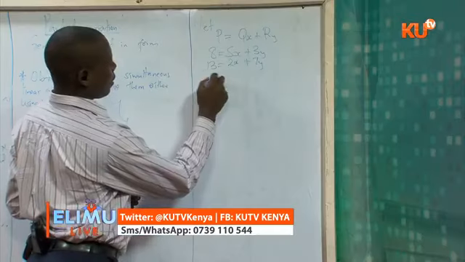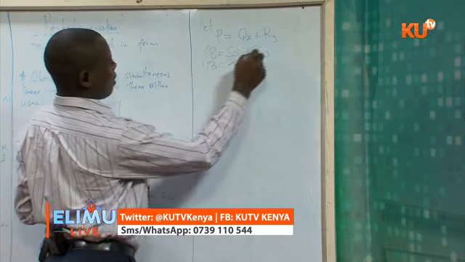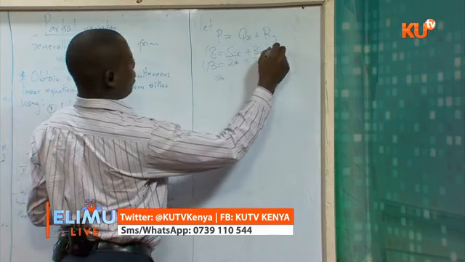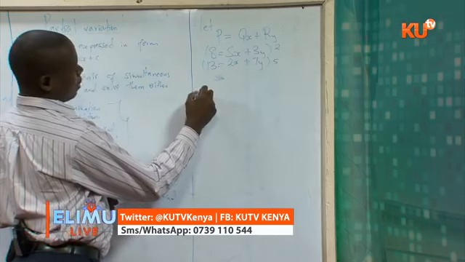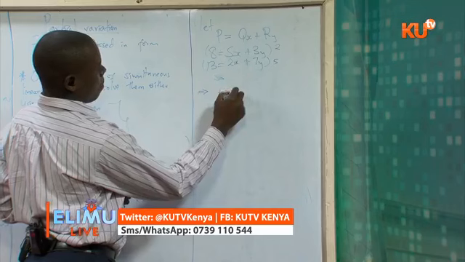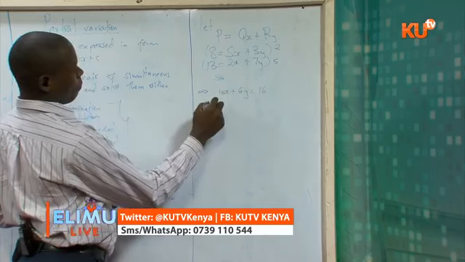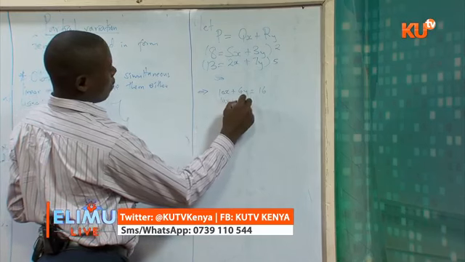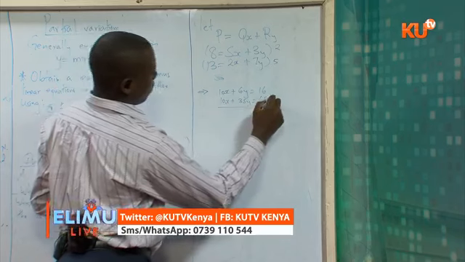We will eliminate X. I simply interchange the coefficients so that I will have 10X plus 6Y is 16, and 10X plus 35Y is 65.